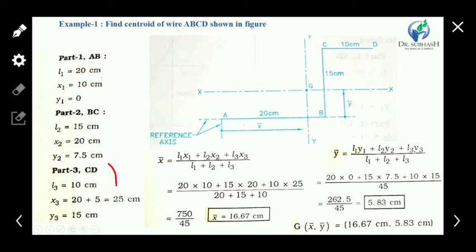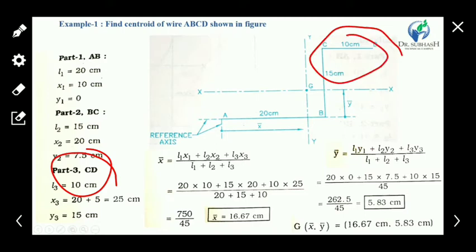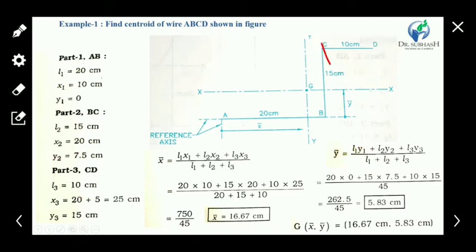Okay, let's consider part 3, CD. The length of this part is 10 centimeter, and x3 is the horizontal distance of the centroid of the CD element from the reference axis.